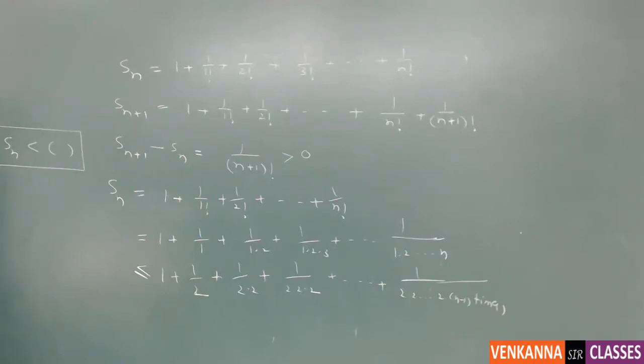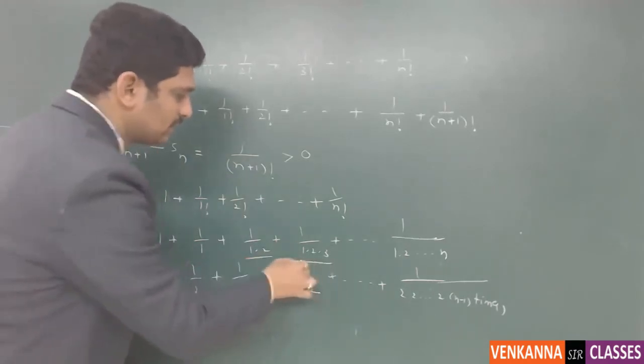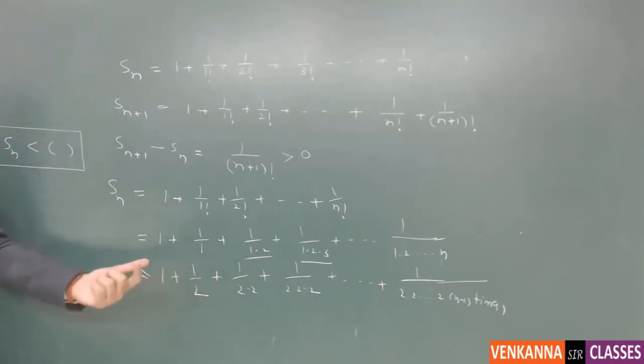Any queries? Why I have written only 2? You can take 3 also, right? Will you agree? So here, by checking the number of terms, I am taking that much number of 2's, one short of it.